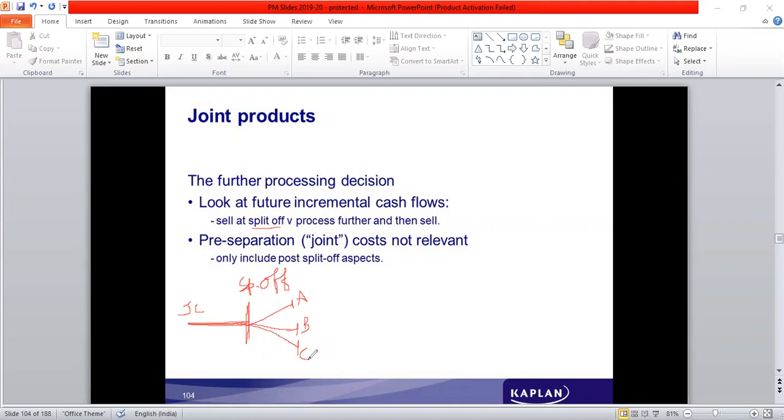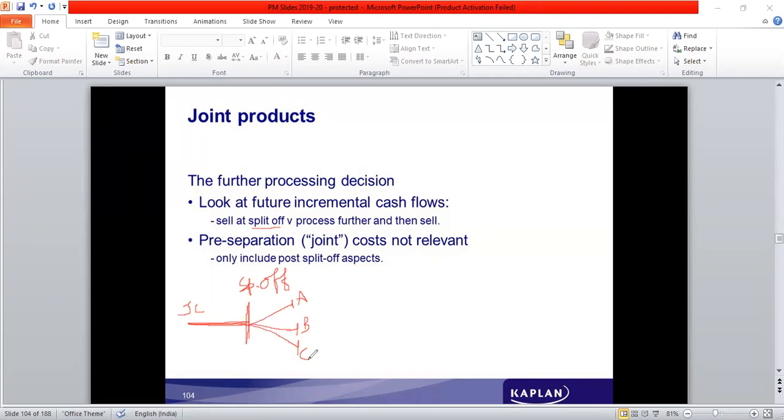If this is the scenario, now there are many topics which are connected with joint products, joint product accounting. But the situation which is covered in your syllabus is about a specific thing: when the products are split at the split off point, sometimes we see that the products are not fully processed, in the intermediary stage also, they may have a market value. They can be sold in the market in that semi-finished state as intermediary products. So there is a sale value present at the split off point.